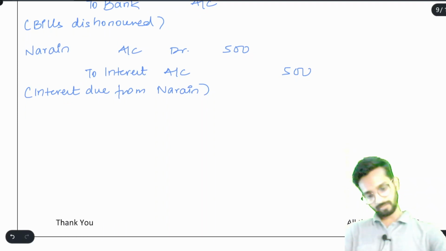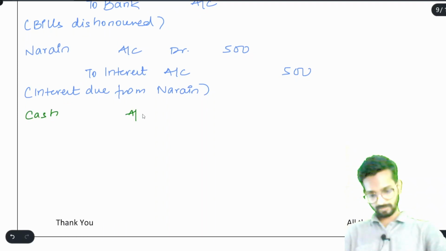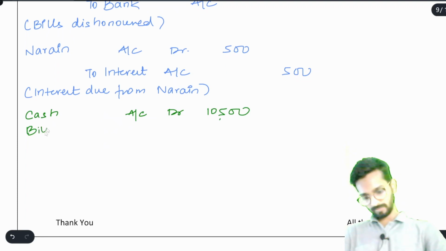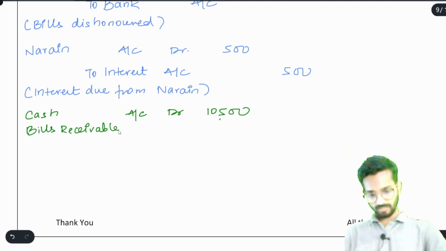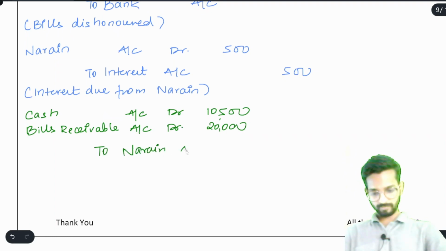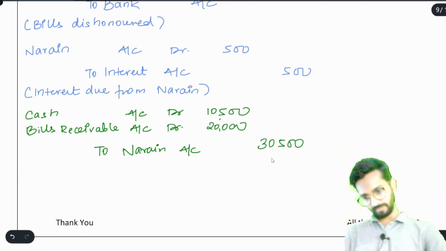I will write: cash account 10,500, bills receivable, this is our new bill, 20,000, to Narayan, 30,500.